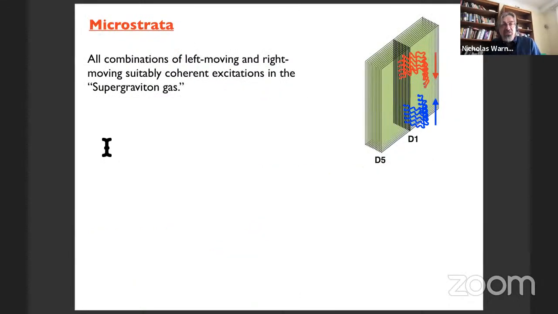Okay, now microstrata. Naively, and this is a question I would ask in some sense for all the people working in the CFT. What I'm going to do in supergravity is basically put all possible combinations of left-moving and right-moving excitations in the supergraviton gas.